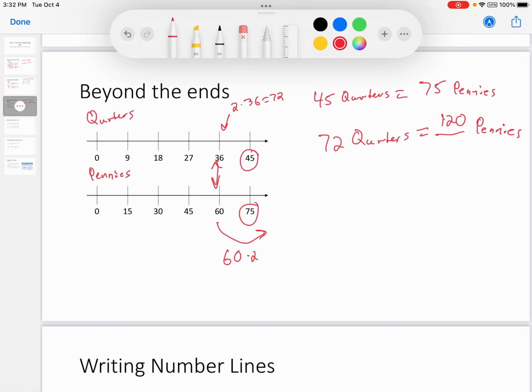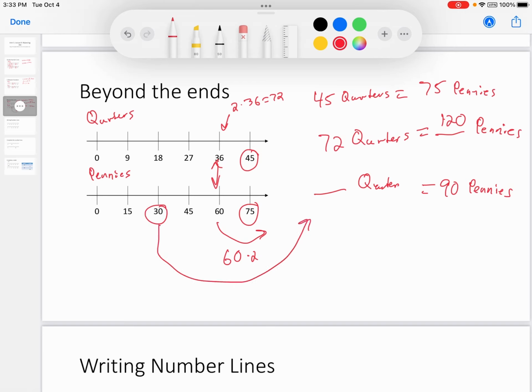I'll do another one of those. Let's say that it was 90 pennies. How many quarters would it be? Well, 90's not on the list, but 30 is.